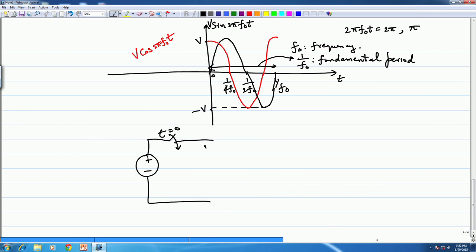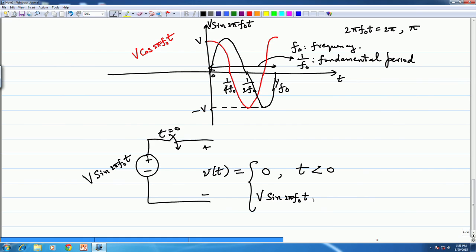Okay. So, maybe this is v sin 2 pi f naught t, but it is turned on only at t equal to 0. In that case, what will happen to the potential difference between these 2 points? It is going to be V of t equals 0 for t less than 0, and it is going to be equal to V sin 2 pi f naught t for t greater than or equal to 0.